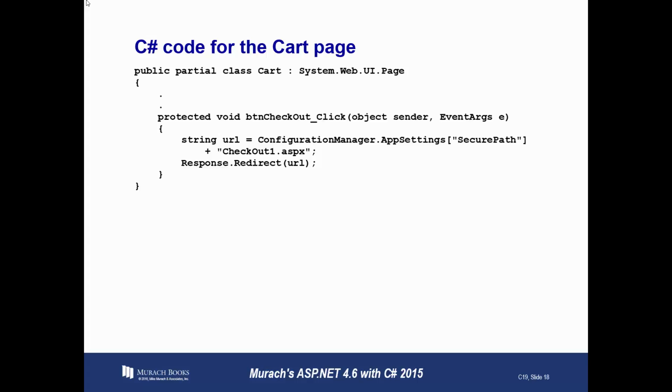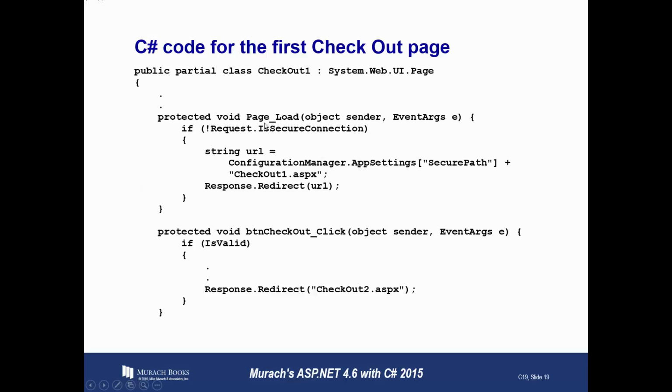In the code on the first checkout page, which is right here, you see that the load event handler checks if a secure connection has been established. If it has not been established, a URL with a secure path key is created. Then the browser is redirected to that secure URL.